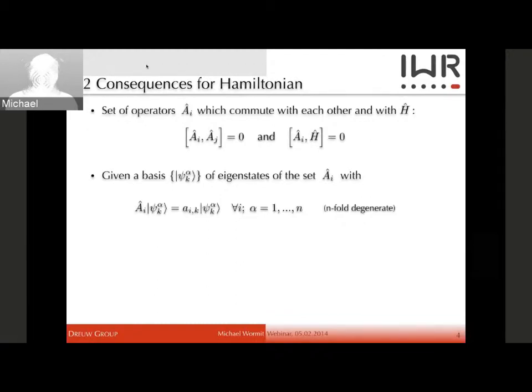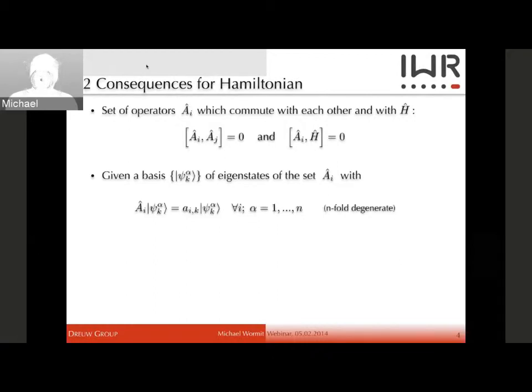For example, this could be S squared, the spin operator, and the S Z operator, or permutation operators. Assuming they commute with each other, so for example S squared and S Z would commute with each other, they also commute with the Hamiltonian.